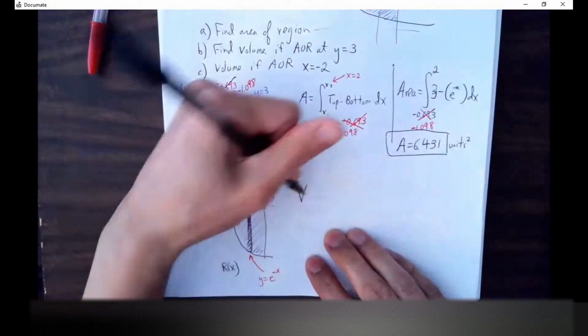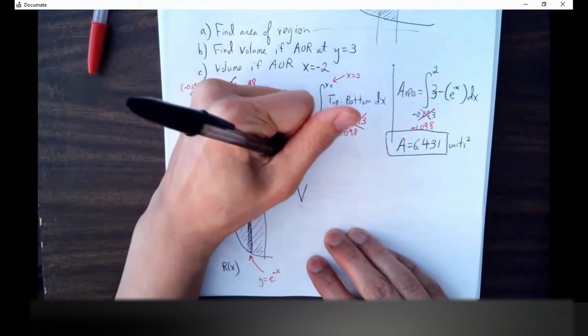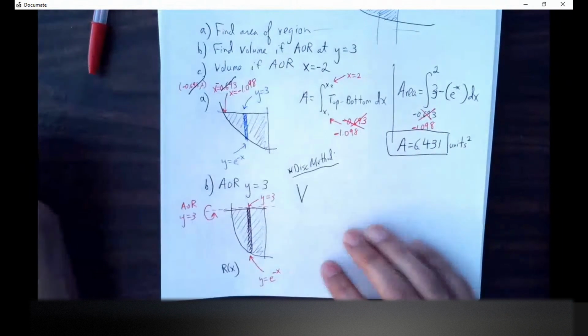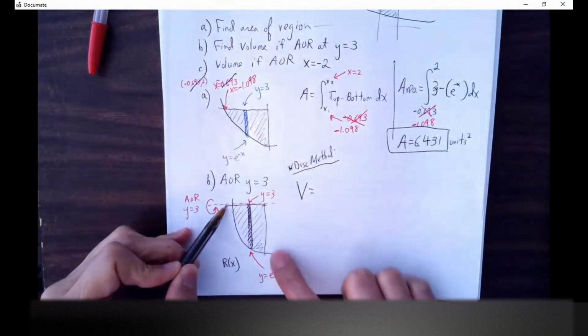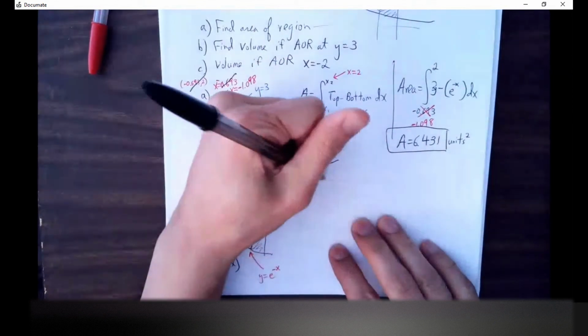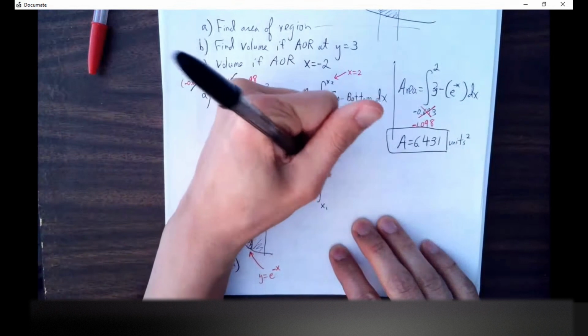Okay, so here's our volume formula for this method. Left to the right endpoint, left endpoint negative 1.098. Let me write the formula first.